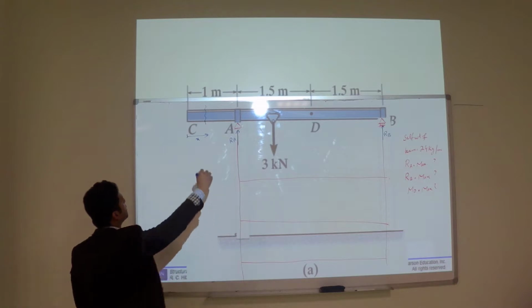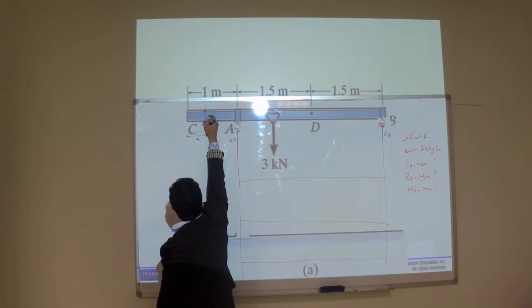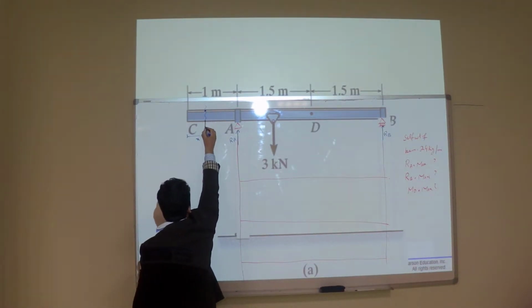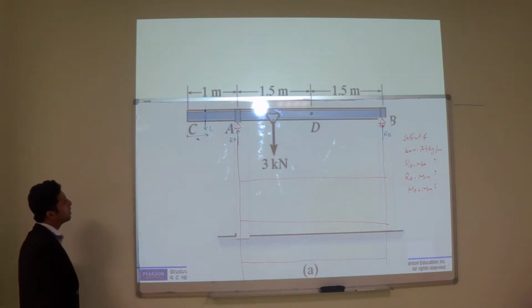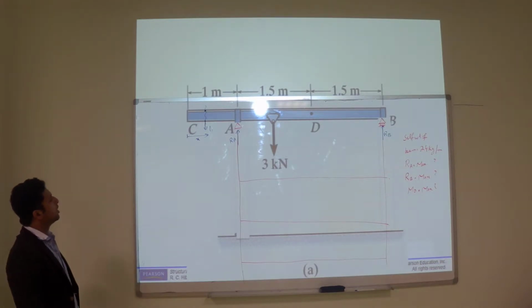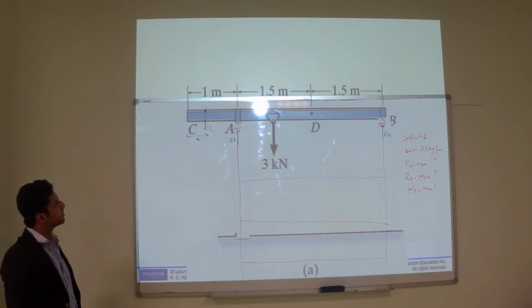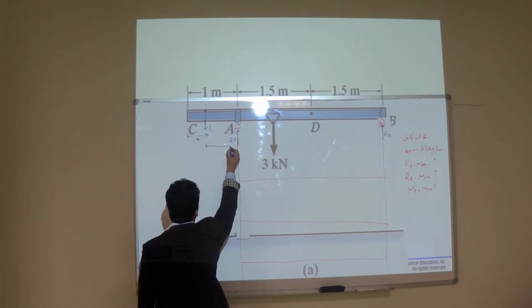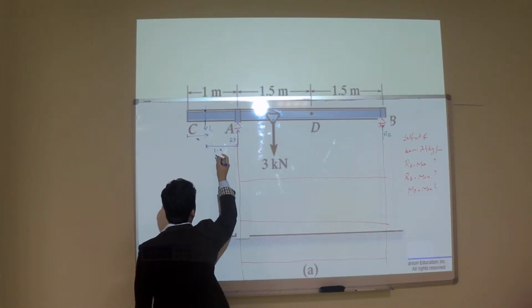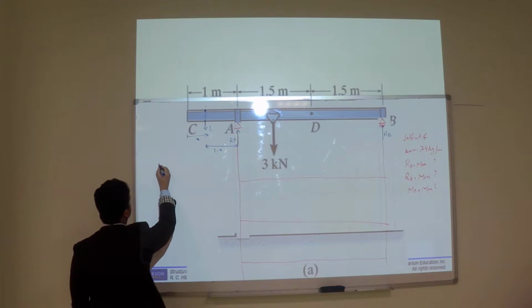You have a unit load at this point, 1 kilo, just 1. So, what to do now? If this is x, how much will be this distance? 1 minus x. Okay. So let's take moment at point B.